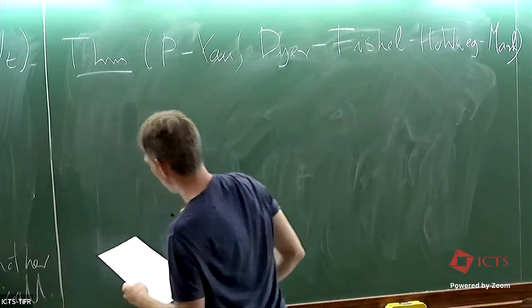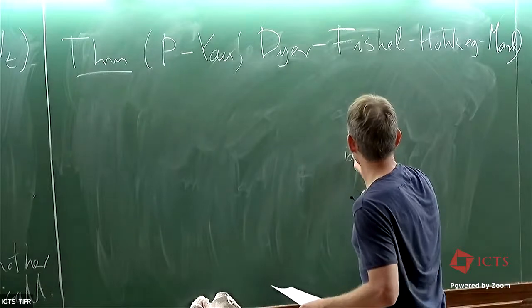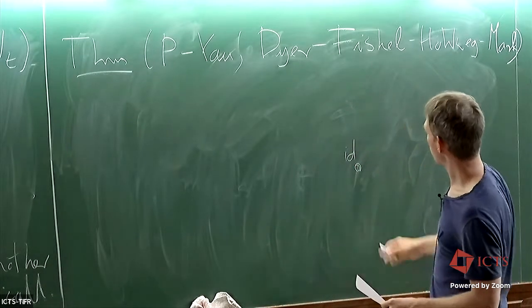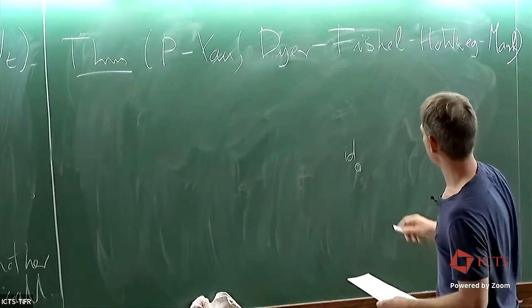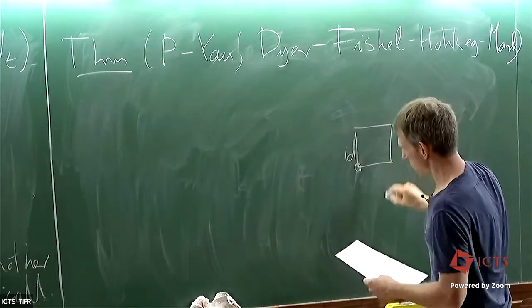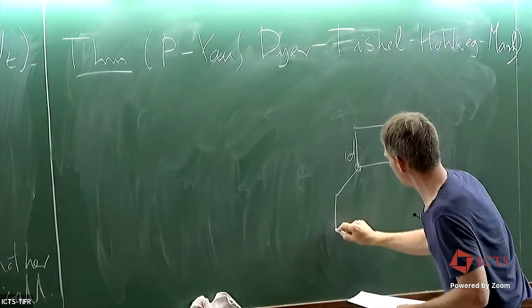So we look again at the Coxeter group, at the identity, and we look at all elementary walls, all walls closest to the identity.